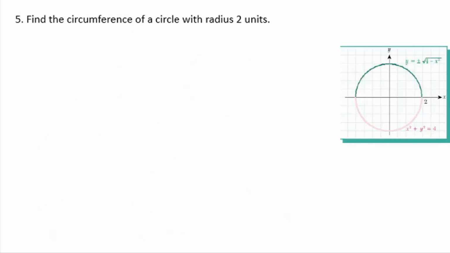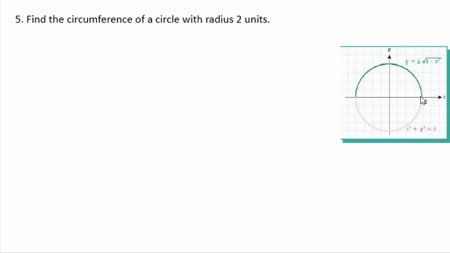So number 5, find the circumference of a circle with a radius of 2 units. Looking at the graph, we have that the radius is 2 units. So the equation of the circle is x squared plus y squared equals 4, and we solve for y in terms of x. So we can write now plus and minus the square root of 4 minus x squared.